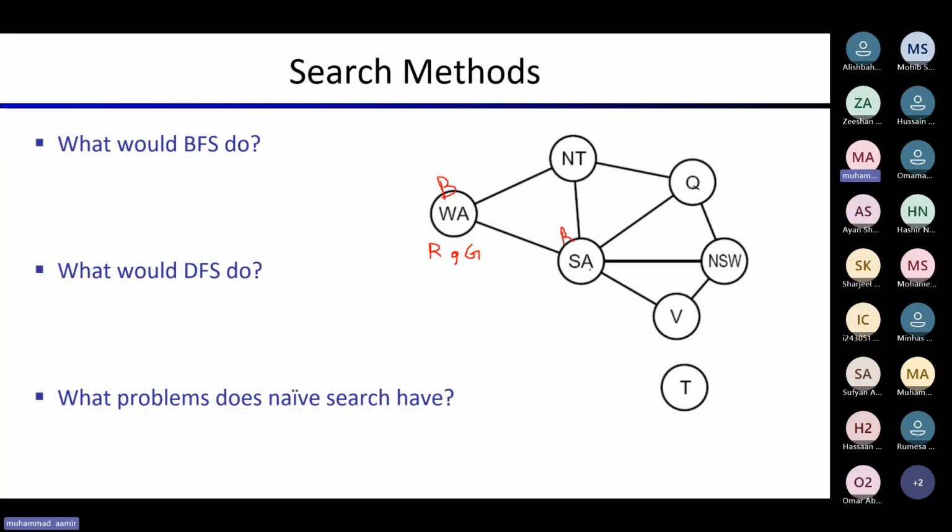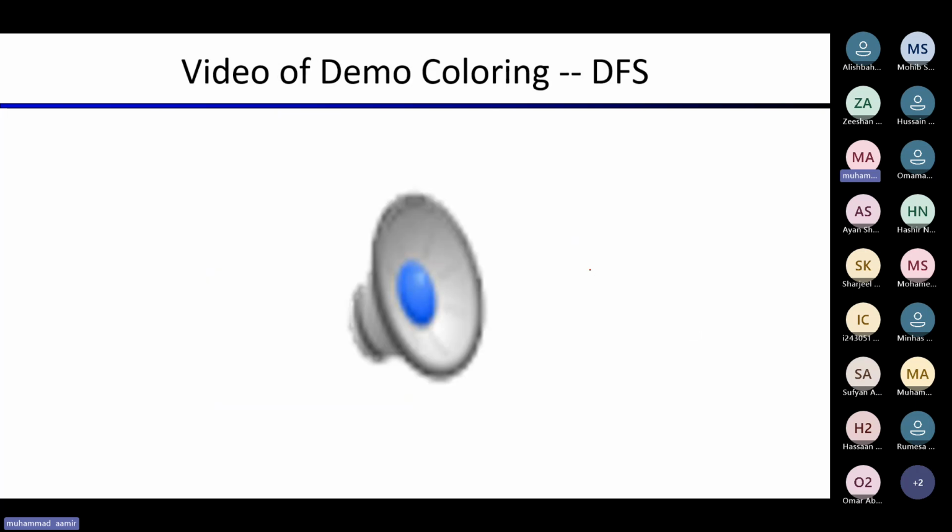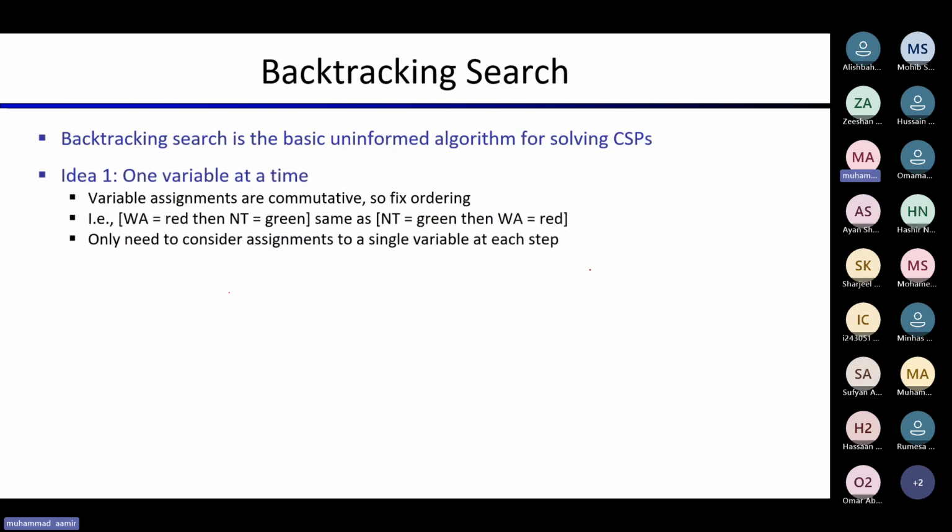What this means is basically, if we are assigning a variable a value, we need to check which value we can assign that is going to be less conflicting for the upcoming variable assignments. Of course, we need to see this in detail.